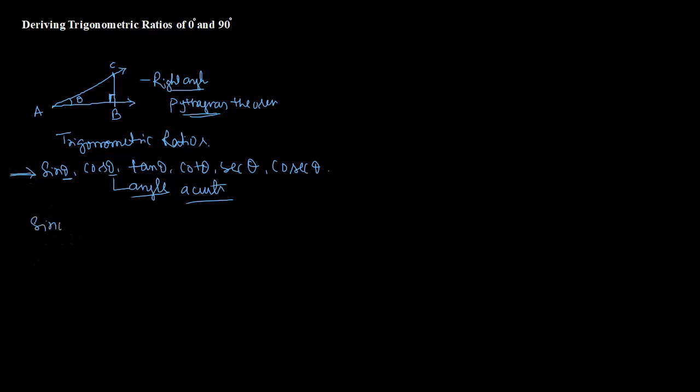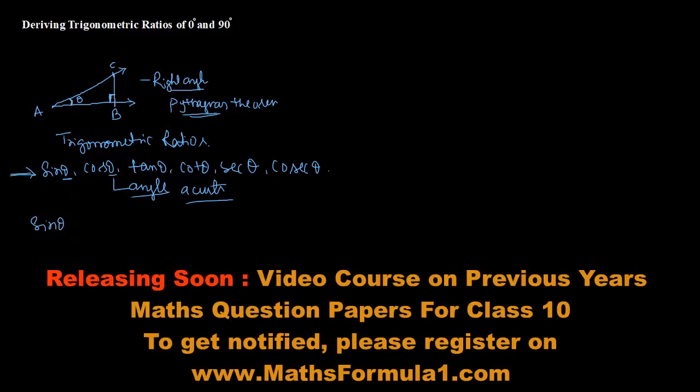Sine theta, before that let's understand something else. If this is theta, the angle I am going to take, anything opposite to that is going to be the opposite side. This will be my adjacent side. Because it's a right angle triangle, this is going to be the hypotenuse.